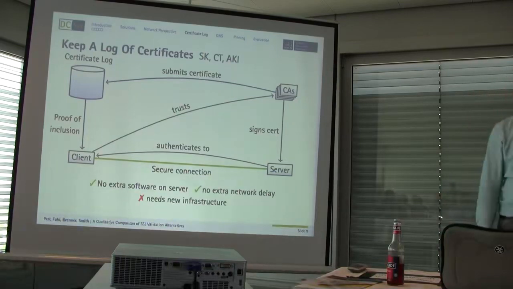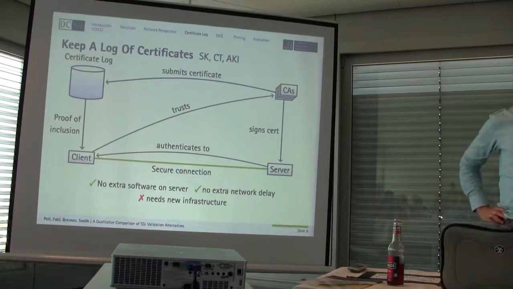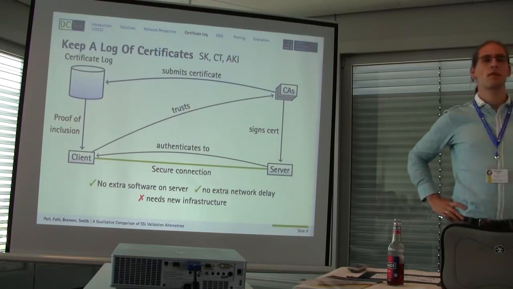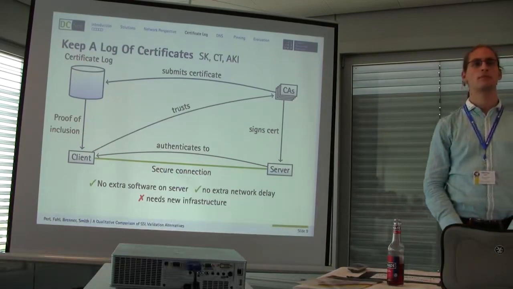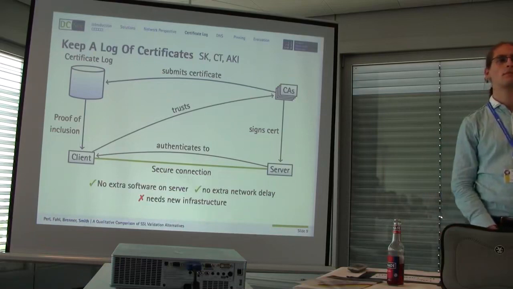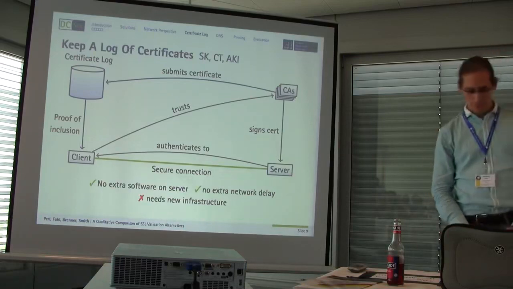I have several issues with this approach. One is that I think it's inheriting the fundamental problem of SSL CAs by having what looks like a push mechanism between the CA and the log.